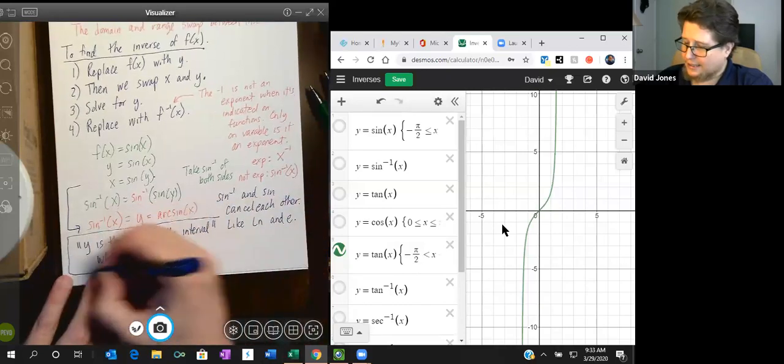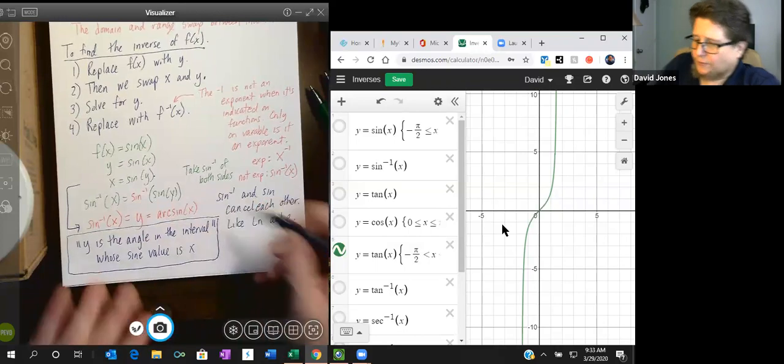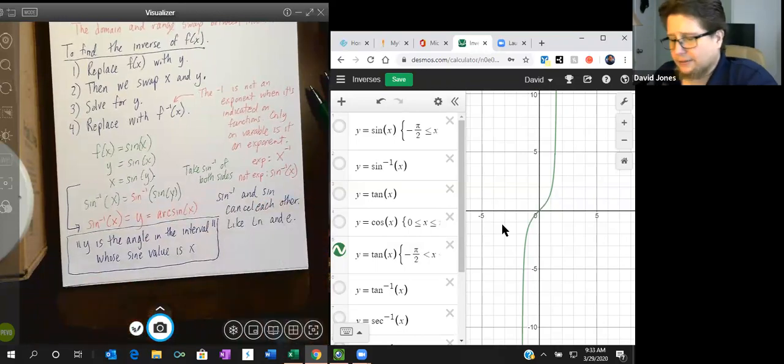That's how it reads. So when you see y equals sine inverse x, what we're saying is what angle do we got to plug into sine such that we get x?